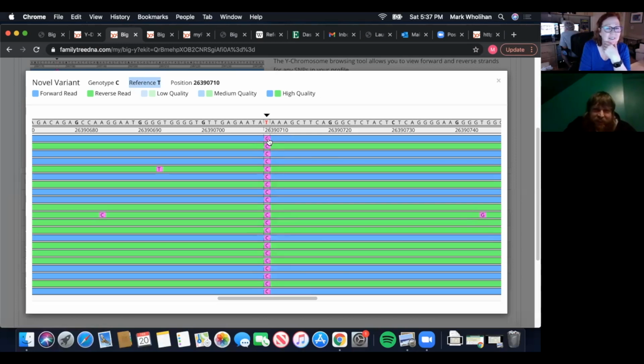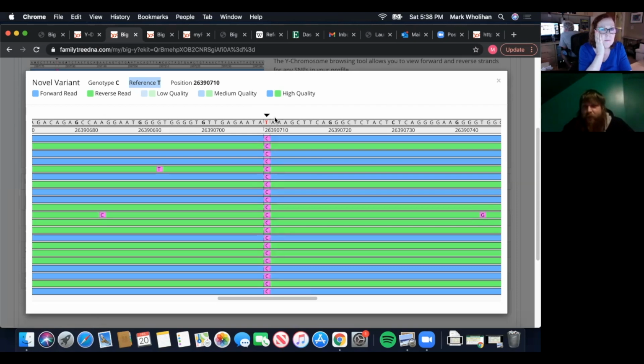So what you're looking at is the green and blue lines, which are forward and reverse scans. What does that mean? This is next generation sequencing. They use a sequencer. It's kind of like a camera sweep. If you look at it, the forward scan would be blue, and they scan it this way, and they see that the reference value is a T. If you remember, I said they have a reference of some random 13 dudes from Iowa, or something, that they use as a reference.